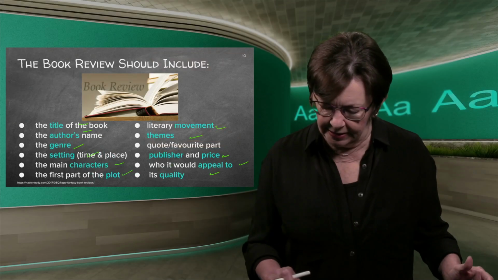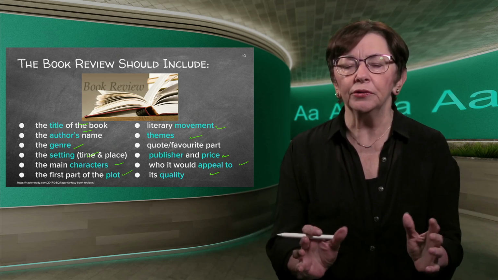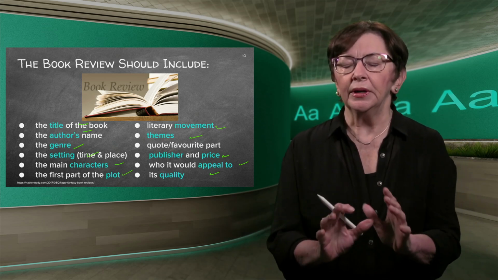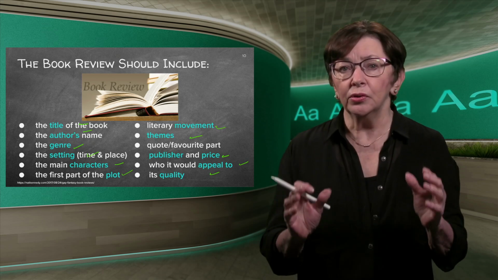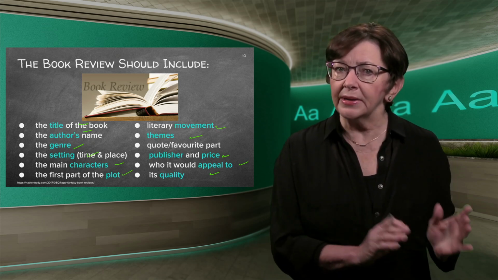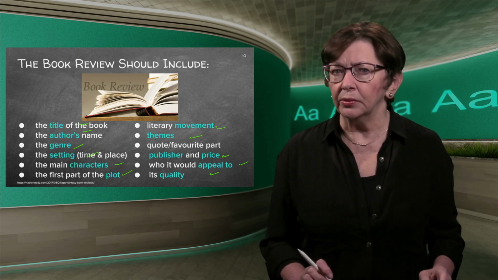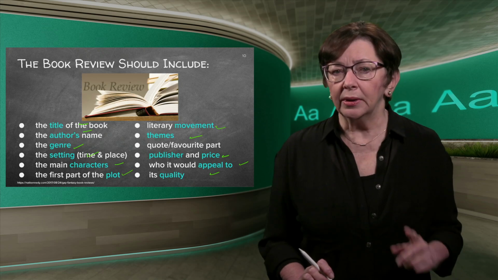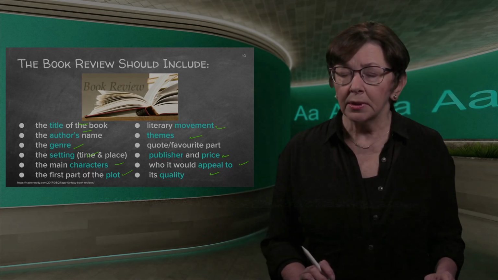Can you see the same things that you would include in a film review will happen in a book review? And also correlate, if you do this oral exercise, correlate with the writing and presenting part of your course, where the book review is also discussed.